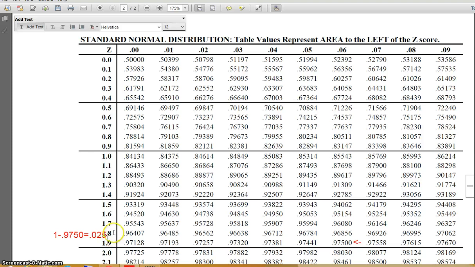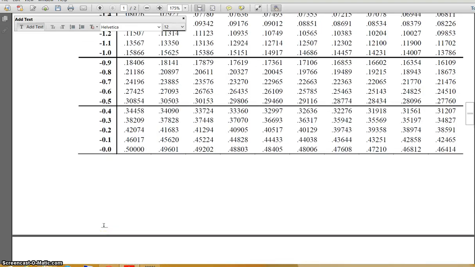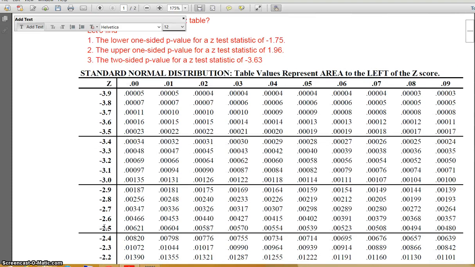Okay, so let's go find our last p-value for the test statistic. We'll scroll back up. The two-sided p-value for a z-test statistic of negative 3.63. Okay, so the same method that we did before to find our p-value, we're going to use it here too, except there's one extra step.